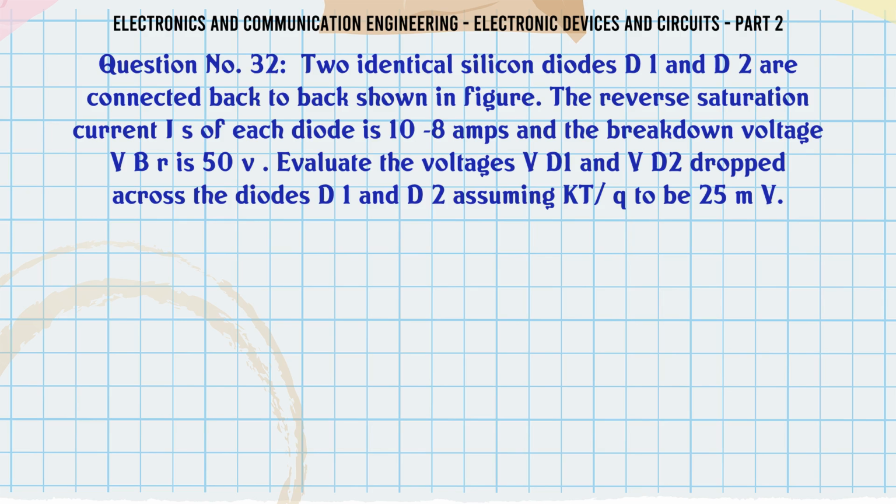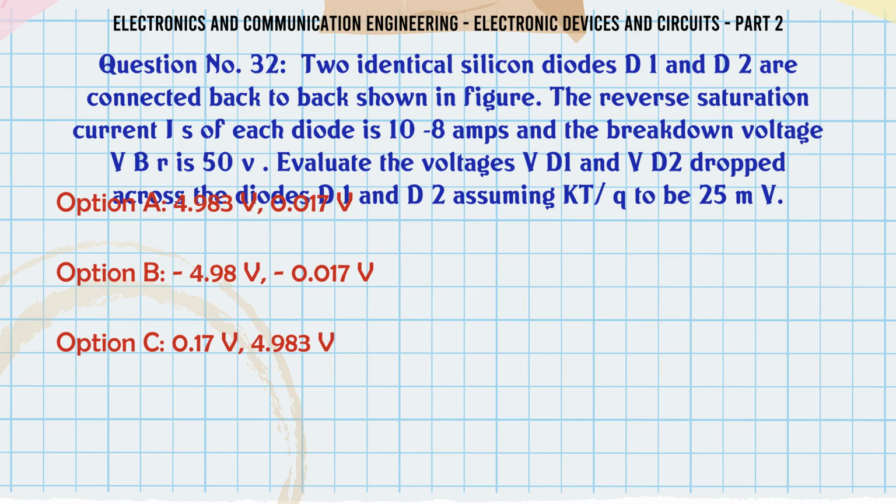Two identical silicon diodes D1 and D2 are connected back to back as shown in the figure. The reverse saturation current IS of each diode is 10 nA and the breakdown voltage VBR is 50 V. Evaluate the voltages VD1 and VD2 dropped across the diodes D1 and D2, assuming kT/q to be 25 mV.